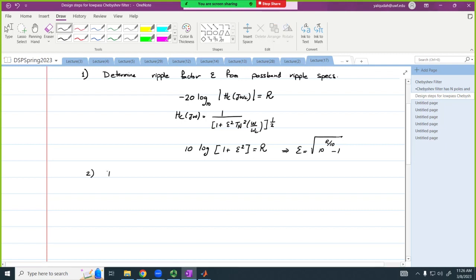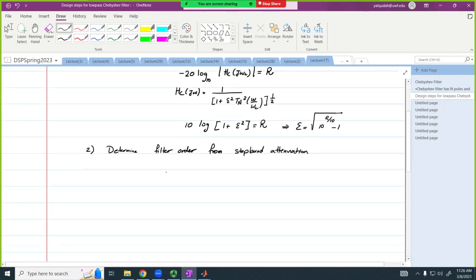The second step is to determine the filter order, and we're going to determine that from the stop band attenuation. And therefore, we want negative 20 multiplied by log 10 of |H_c(j omega)| at the stop frequency to be greater than or equal to alpha.